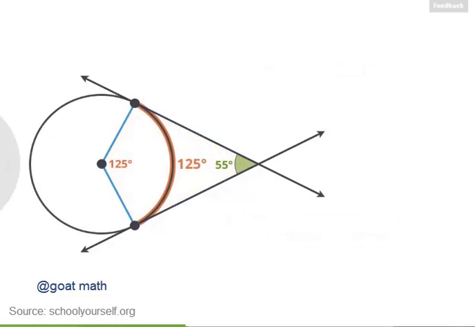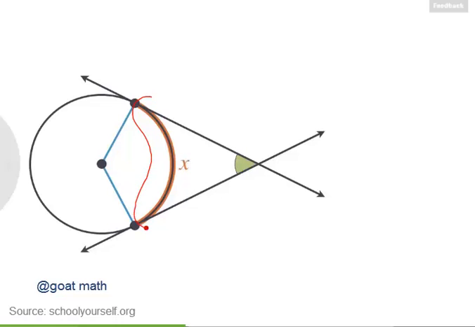Now you might have noticed that the circumscribed angle and the arc are supplementary. In other words, the circumscribed angle and the arc's central angle add up to exactly 180 degrees. Let's see if we can prove that this is true in general, that circumscribed angles and their arcs are always supplementary to each other.